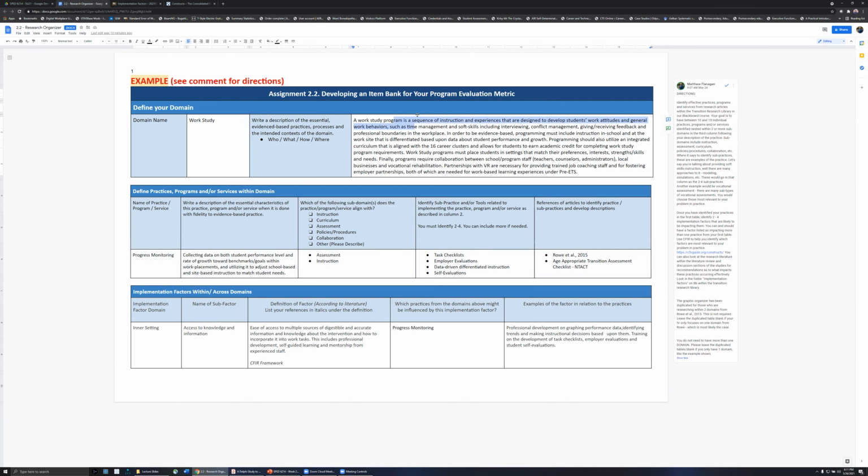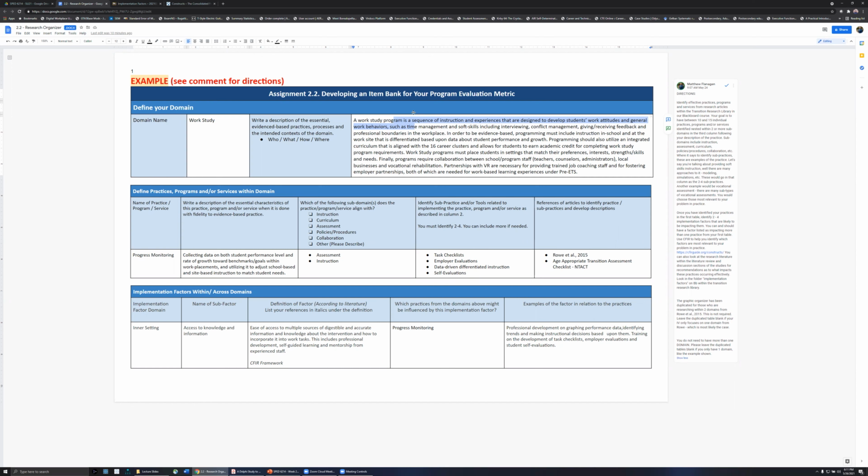That's a fancy way in research of saying that there are all these practices, programs, and services in that domain, and you are grabbing the most essential ones that speak to all of the most impactful, high leverage, essential characteristics of that domain of practice. So there's a million things that happen, but you're going to take a sample of the most important things as a representation of effective practice for that domain.